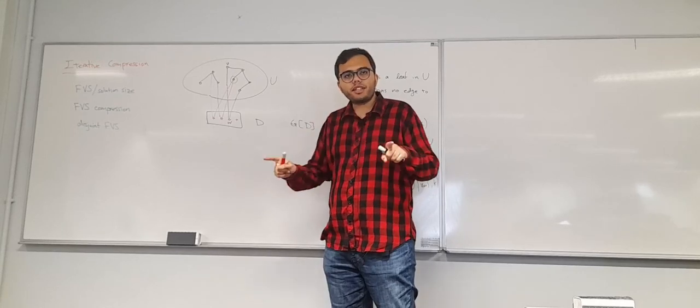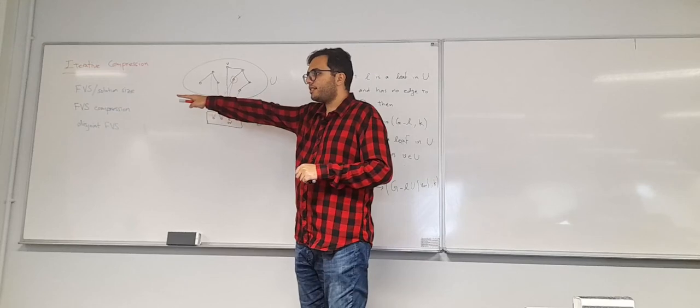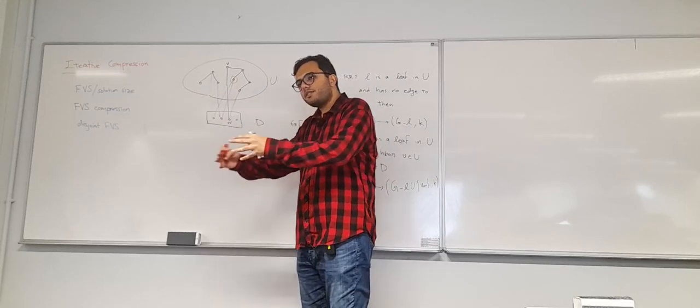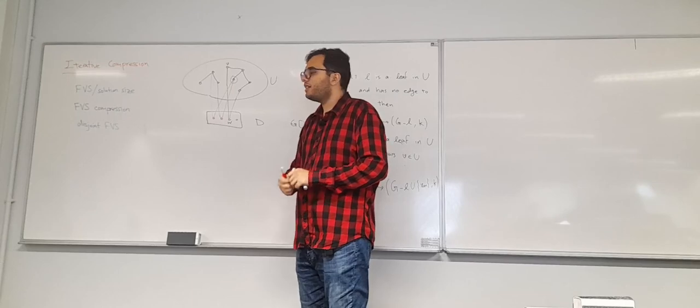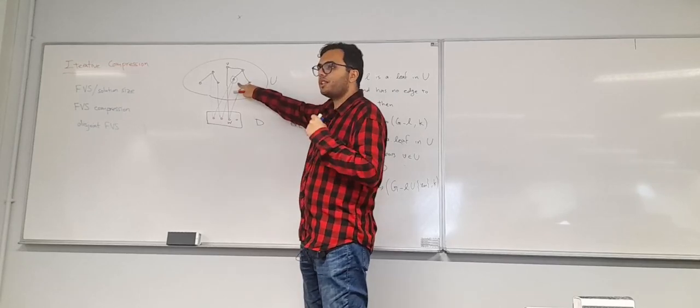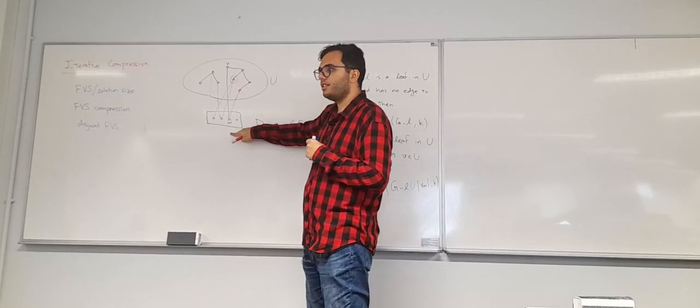Now, why does this branching work? Because if this leaf is in my feedback vertex set, then when I'm branching, the size of my feedback vertex set is going to be smaller, right? If this leaf is not in my feedback vertex set, I can just move this leaf from up here to down here, right?